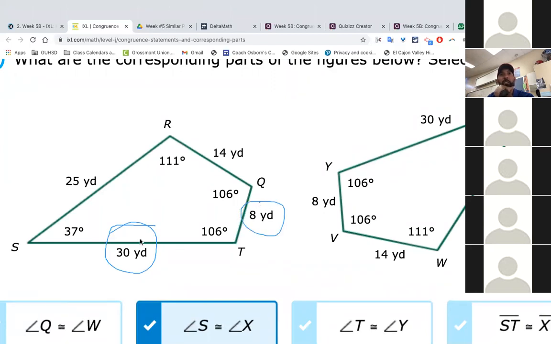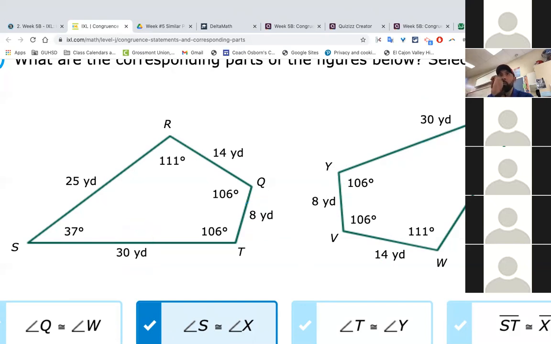It's right in the middle of those two, right? So when I go over here, I've got to make sure that Y is right in the middle of 8 and 30, and it is. Whereas this angle of 106 is between 8 and 14, so that one would not be congruent. But in this case it is, because we're talking about angle Y. So those are congruent.